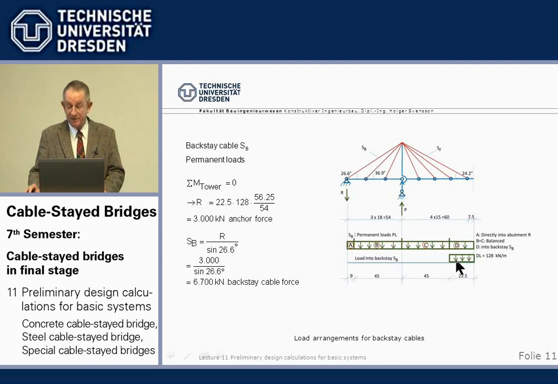And then we have here this 128 kilonewton per meter dead load, times the length of 22.5 meters, times this lever arm divided by this lever arm from the sum of moments. So we arrive at a vertical retaining force of 3,000 kilonewtons, and then we know the corresponding cable force is the vertical support reaction divided by this sine. So we have a 6,700 kilonewton backstay cable force from dead load.